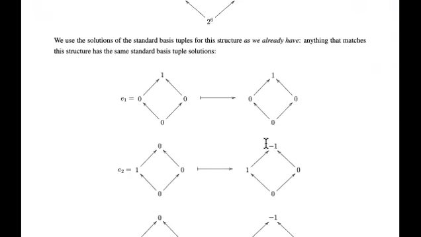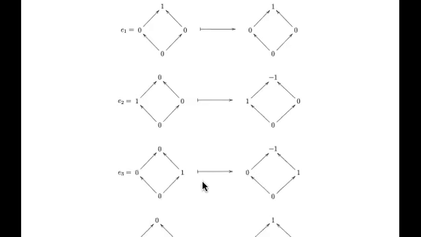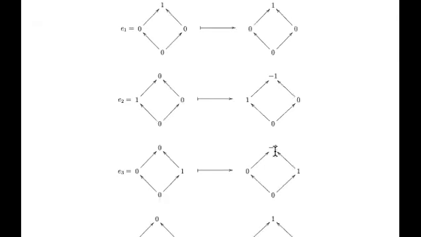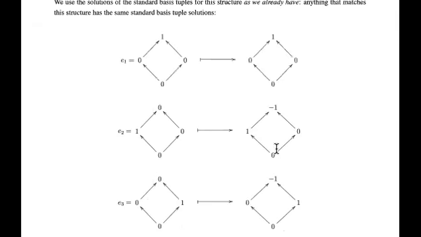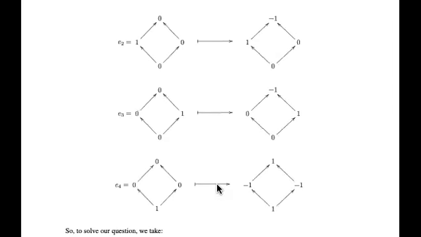At the top, it'll contribute a negative 1 times 2 to the 12th. This over here has a solution of a negative 1 on the top, so this corresponds to 2 to the 18th. So we take 2 to the 18th times that negative 1. And now in this position, it contributes a 1 at the top, so we're going to be saying 2 to the 6 times that 1.